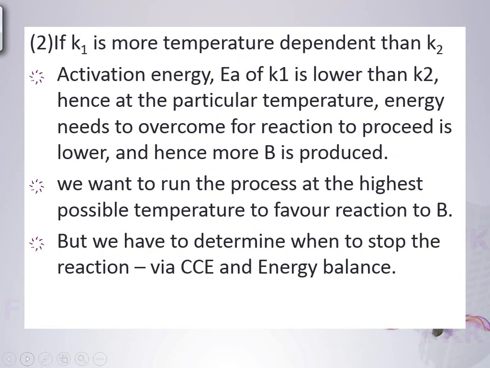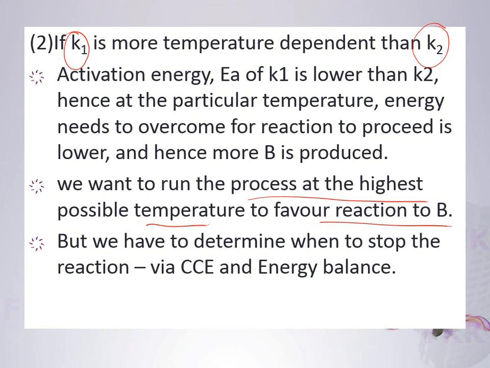So if your K1 is more temperature dependent than your K2, what do you do? You also run the process at the highest possible temperature to favor the reaction to B. So if your K1 and K2 have almost the same dependency on temperature, meaning that when temperature changes, the rate of both K1 and K2 changes by the same amount, then you run it at the highest possible temperature and you bring it down.